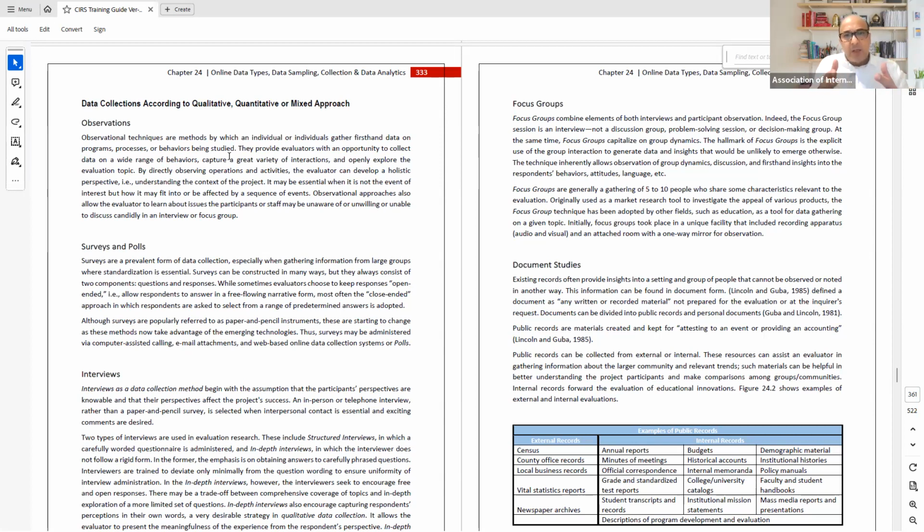So that time difference and the way you design certain types of observations will also impact how you do the collection of that information.